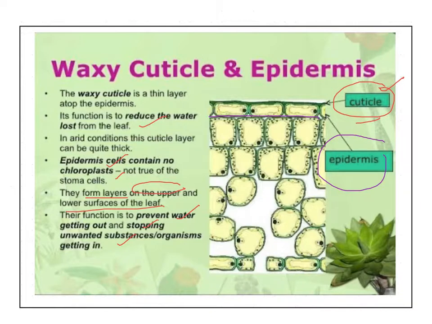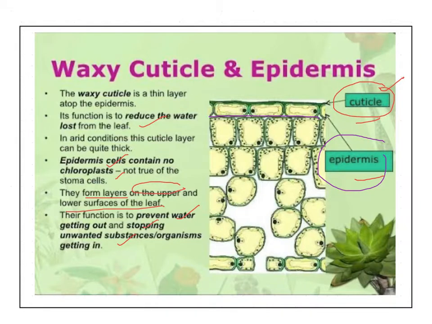So epidermis covers the whole of the plant, prevents loss of water, and stops unwanted substances from going inside. Okay? So first we have a layer of cuticle, and then we have a layer of epidermis.